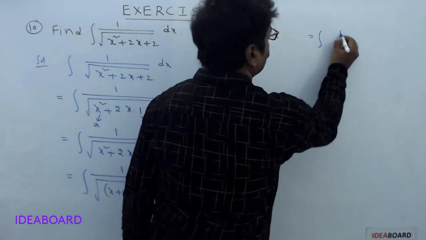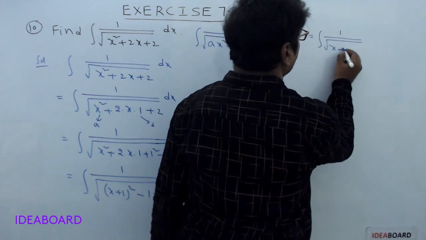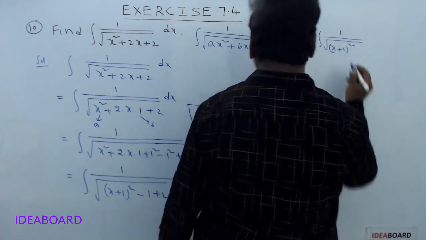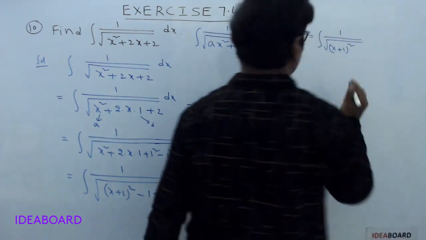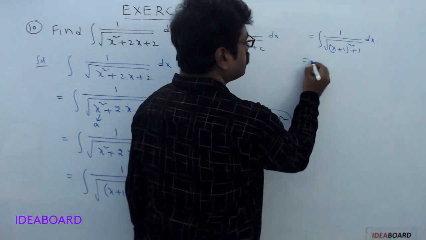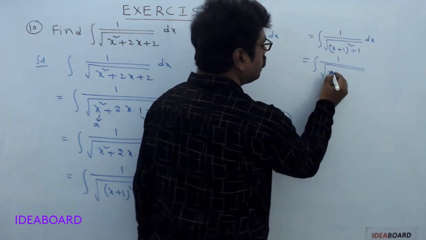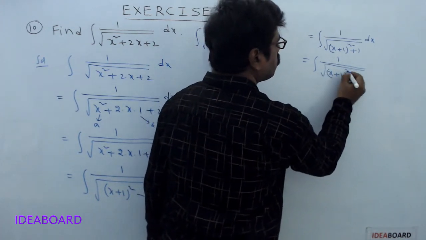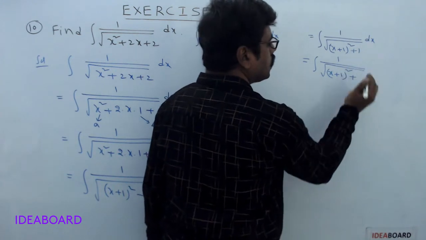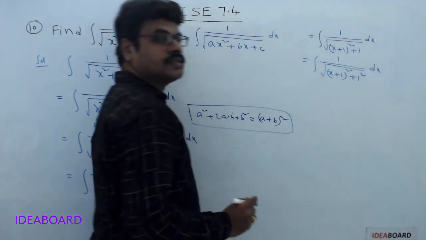This is integral 1 divided by square root of x plus 1 whole square minus 1 plus 2, that is plus 1 dx. Now this is integral 1 divided by root of x plus 1 whole square plus constant term 1, which can be taken as 1 square dx.